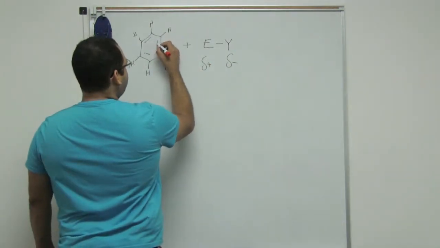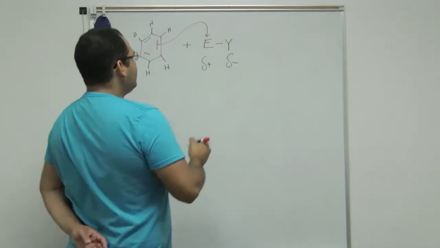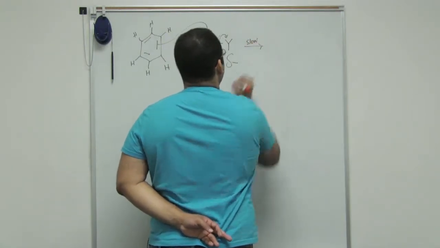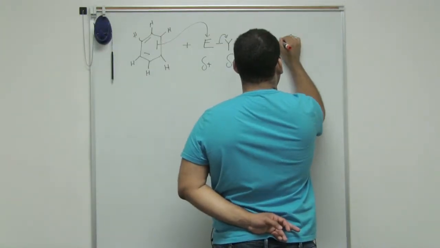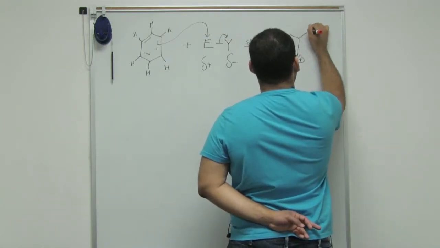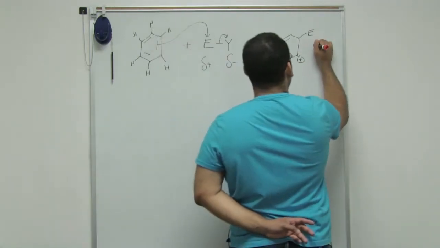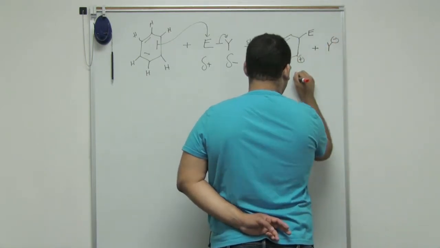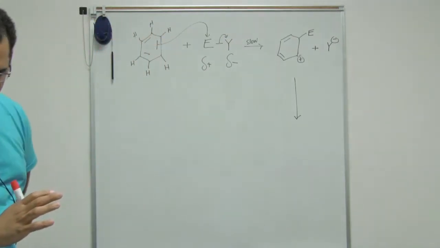We have our double bond, we break the aromaticity on attacking and grabbing our electrophile. It's a slow step because we have the formation of a carbocation, plus our Y minus.